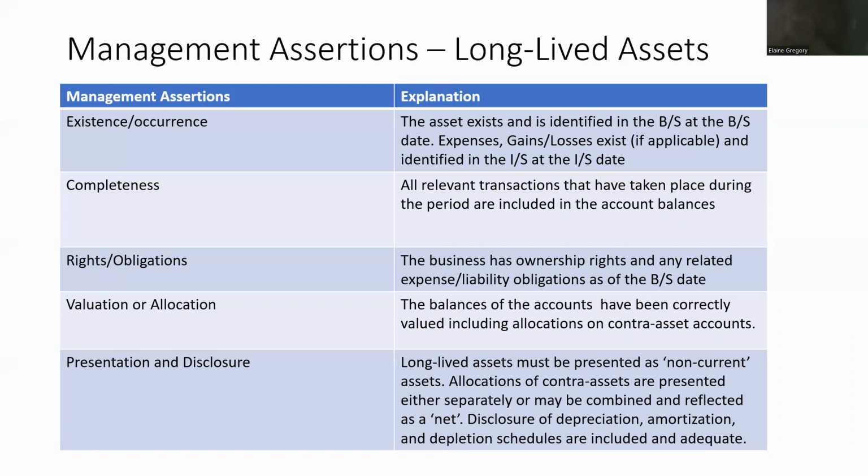Now, some companies present the assets, for example, property, plant, and equipment, and then the contra asset of allocation underneath in the presentation, or some companies will just state property, plant, and equipment net of appropriate depreciation. But what you normally will see then is a note in the disclosures that probably has a little schedule about how they calculated the depreciation, the amortization, and or the depletion schedules.